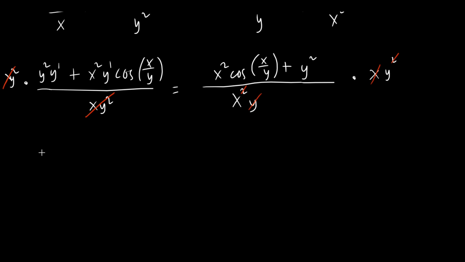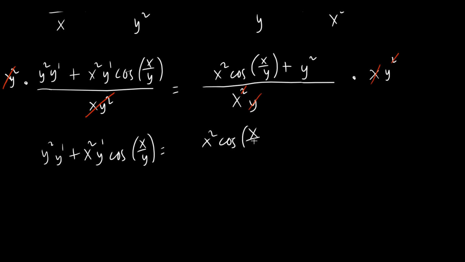so we'll now just simplify. So y squared y prime plus x squared y prime cosine x over y is equal to x squared cosine x over y plus y squared all over.